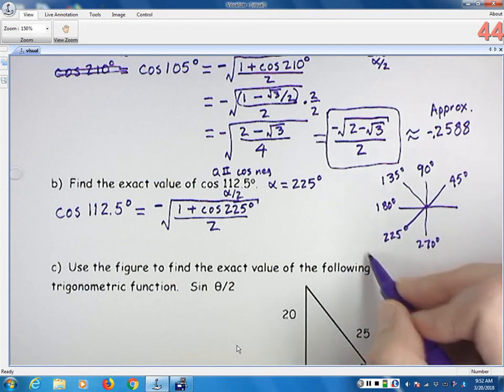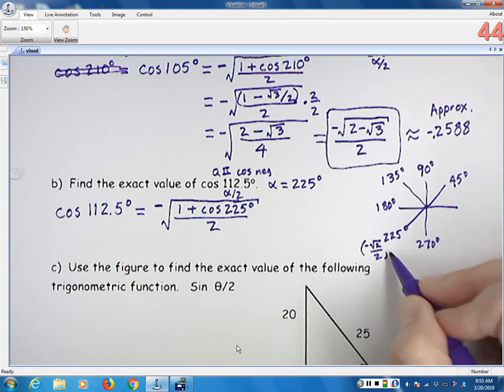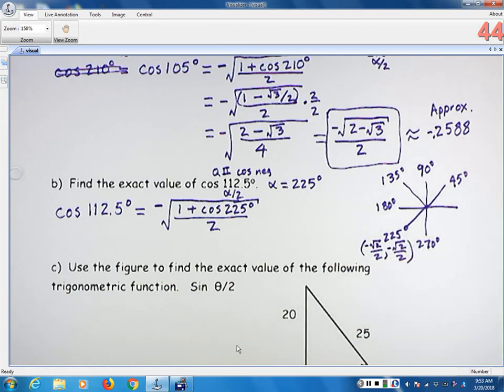And that has coordinates of negative square root of 2 over 2, comma, negative square root of 2 over 2. So we're using the half angle formulas above. If you take 2 times the 112.5, we get an angle that we have on our unit circle.